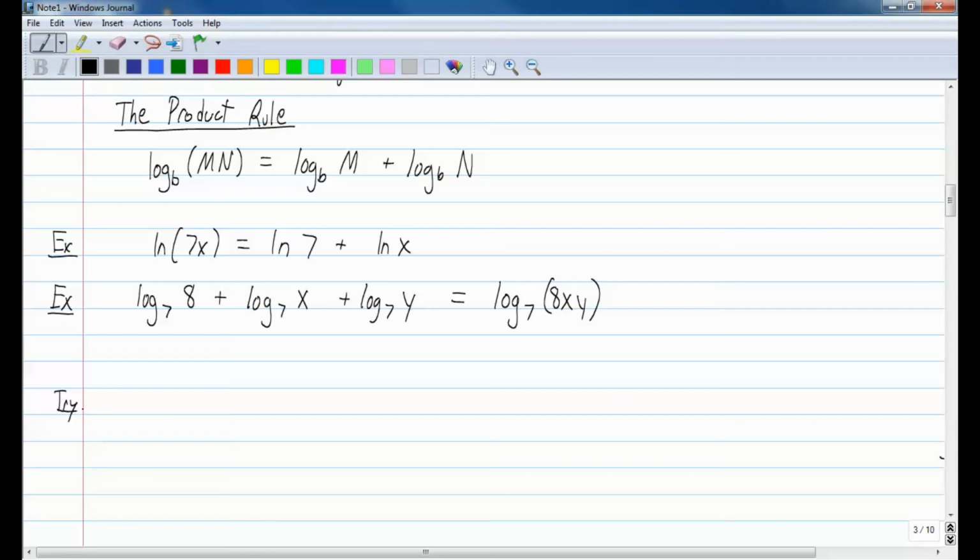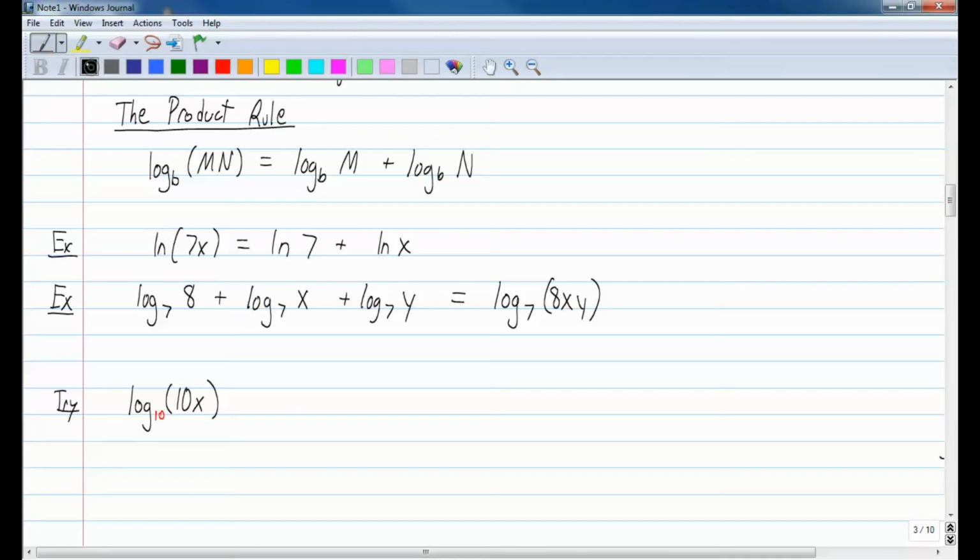Alright, so you try this one. I want you to write this using the product rule. Log 10x. Notice that I didn't write the base on this problem. When you don't write the base with a logarithm, it's understood to be a 10.